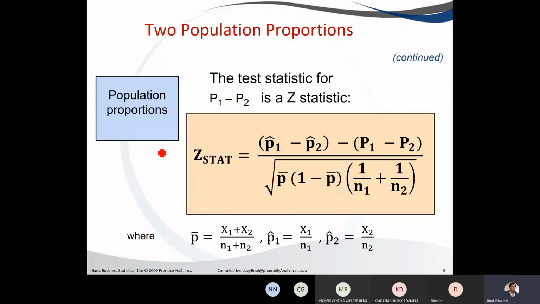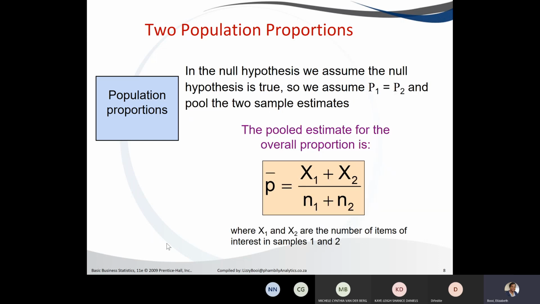It gives you the test statistic as your sample proportion difference minus your population proportion difference, divided by the standard error, which is the pooled proportion times 1 minus the pooled proportion, times 1 over sample 1 plus 1 over sample 2. And you need to calculate the pooled estimate outside.